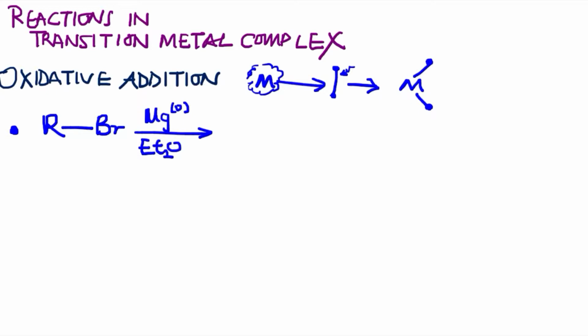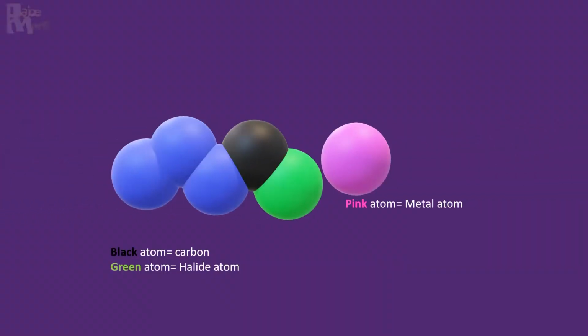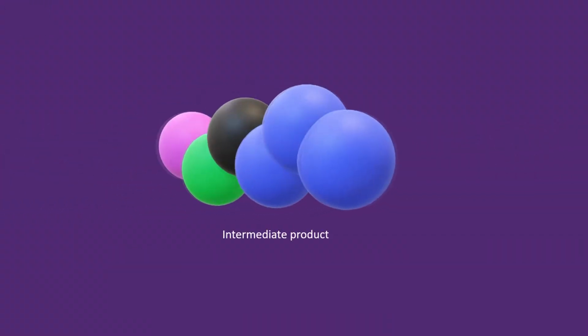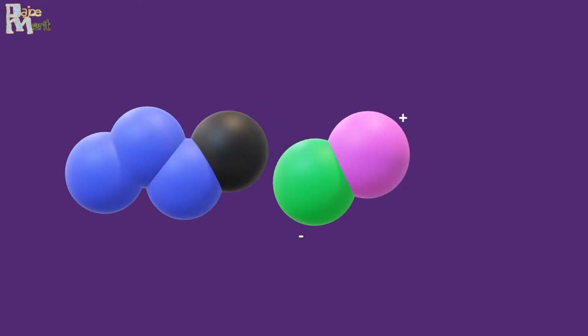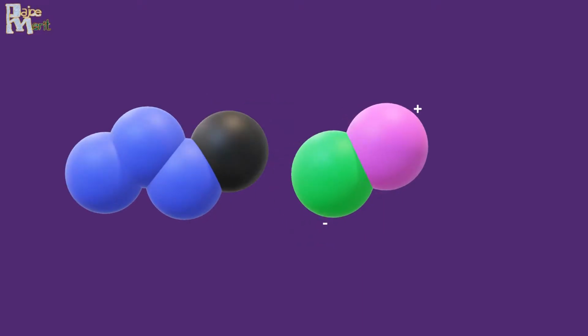So this is actually diethyl ether. What is noticed now is that there is a change in the oxidation number from 0 to 2+. To arrive at that, our bromine here has a -1, and on the other side, our R group will have this particular charge right there.